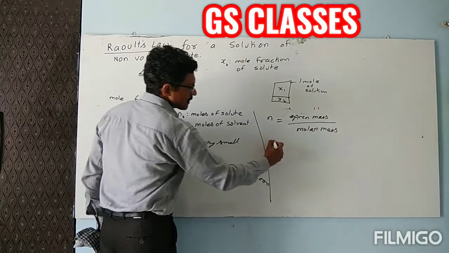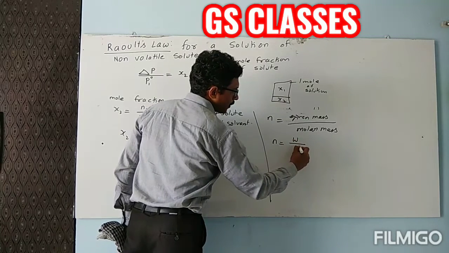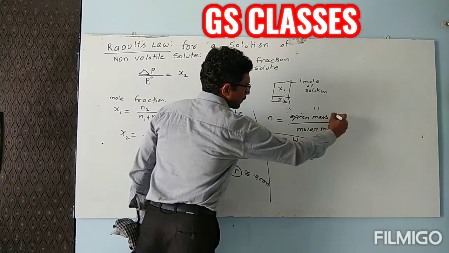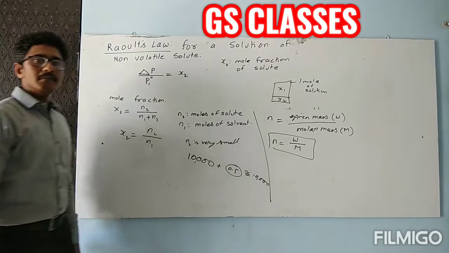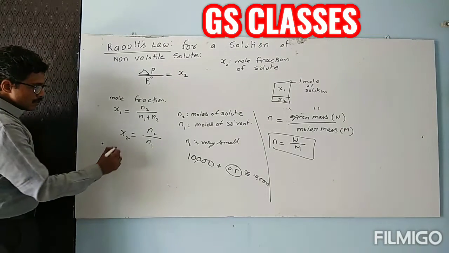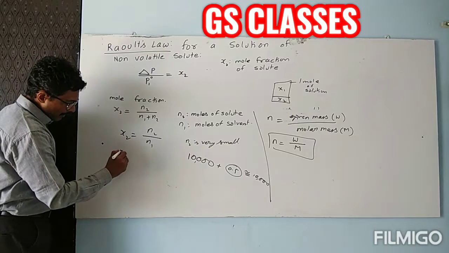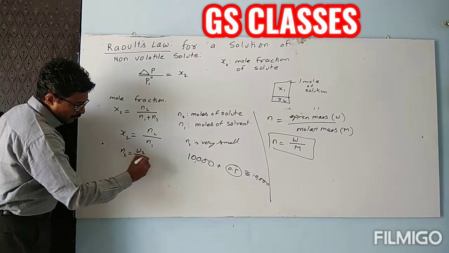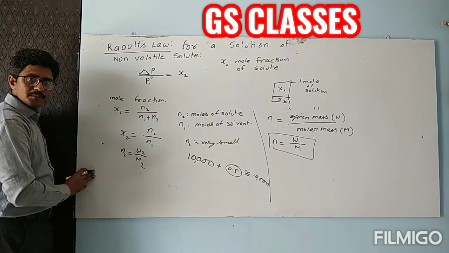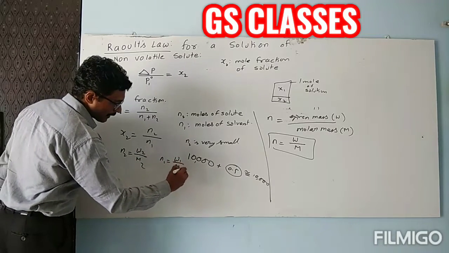Number of moles we can find by writing W upon M. W is the given mass, M is the molar mass. So children, N2 I can say is W2 upon M2, and N1 I can say is W1 upon M1.